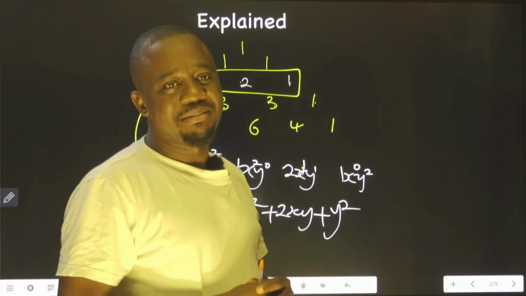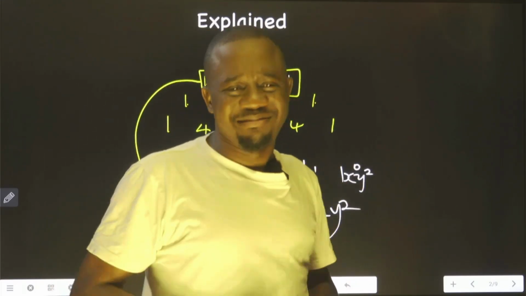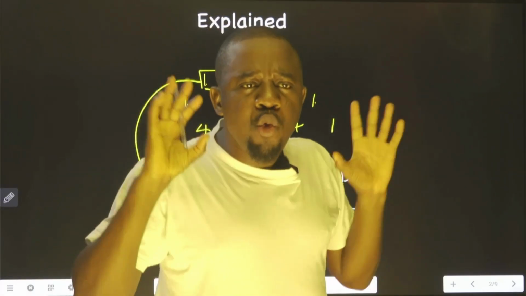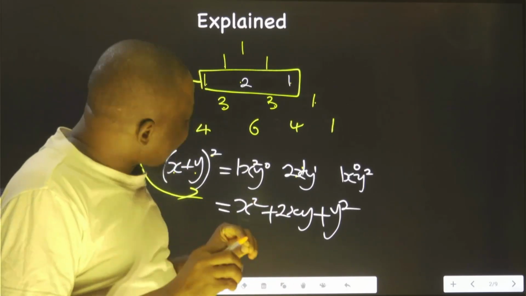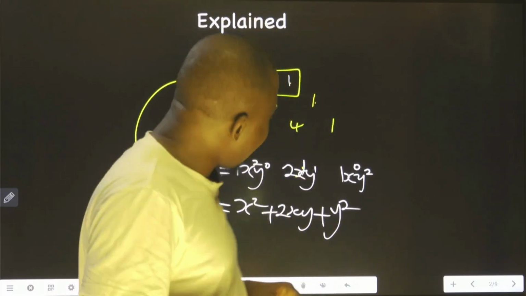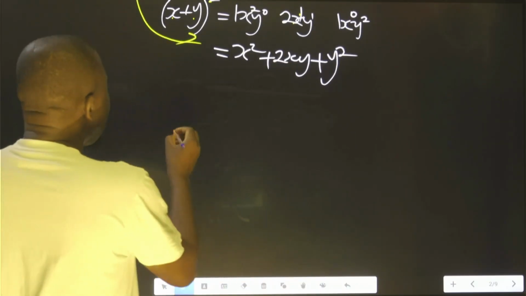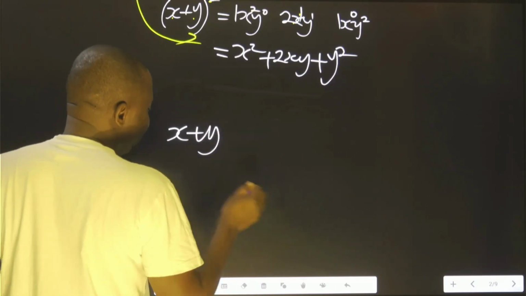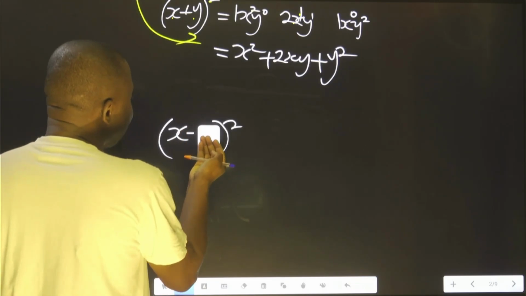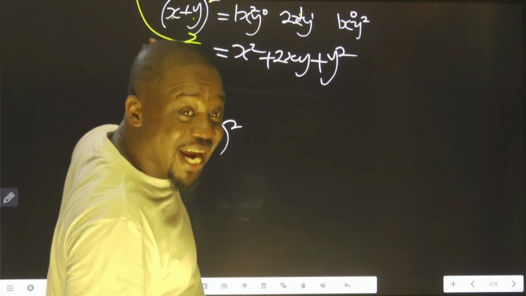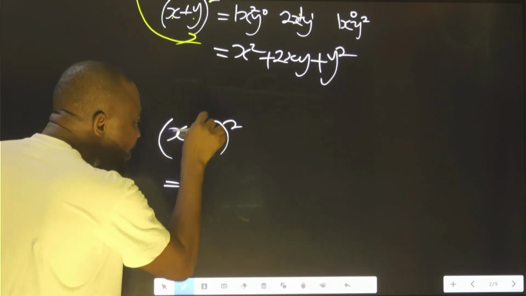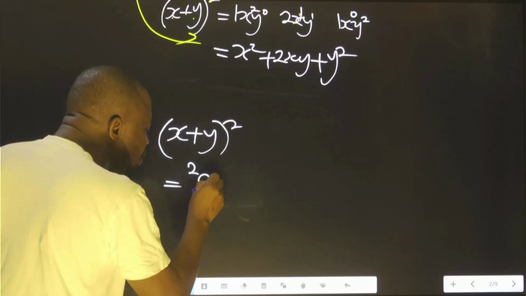But what is the binomial theorem? It is saying, what is the essence of wasting your time writing all this? All you have to do, I have discovered that there is a relationship between these coefficients and combinations. If you have the same thing, x plus y raised to the power of 2, instead of writing the Pascal triangle, simply start with 2 combination 0.